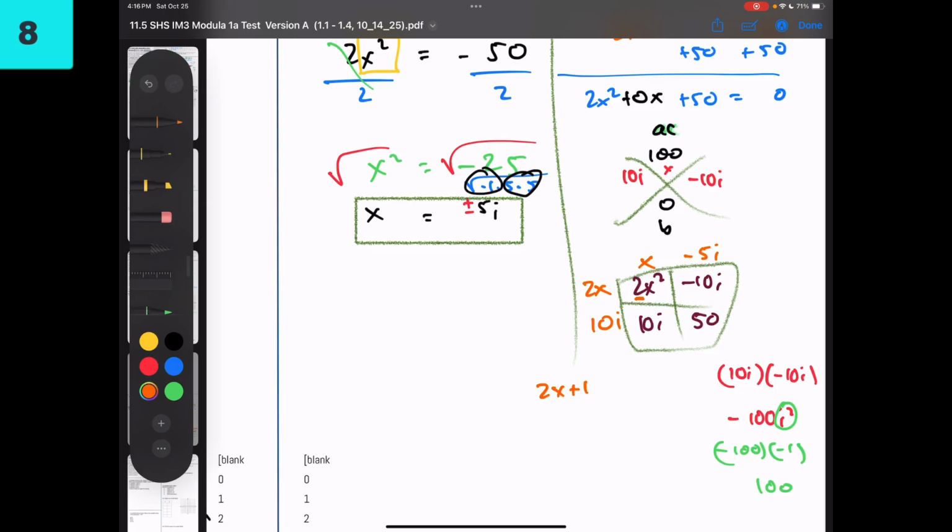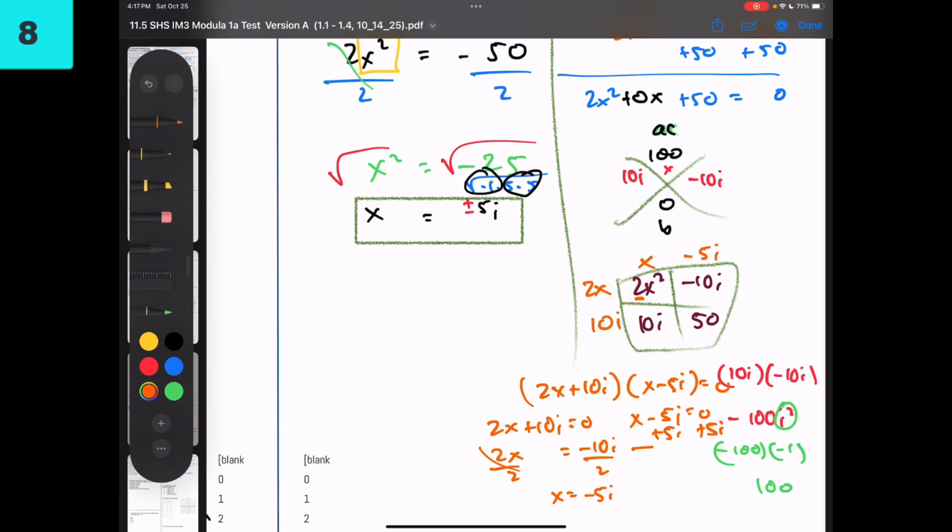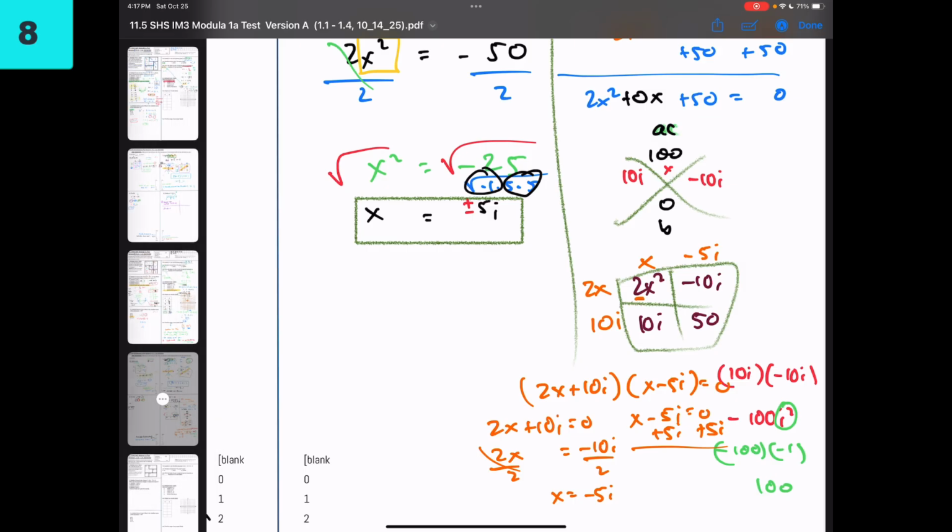So 2x plus 10i and x minus 5i. So we set each of these equal to 0. Subtract 10i, you get 2x equals -10i. And then divided by 2, you'll get x equals -5i. Over here, add 5i to both sides. And you'll get x equals 5i.